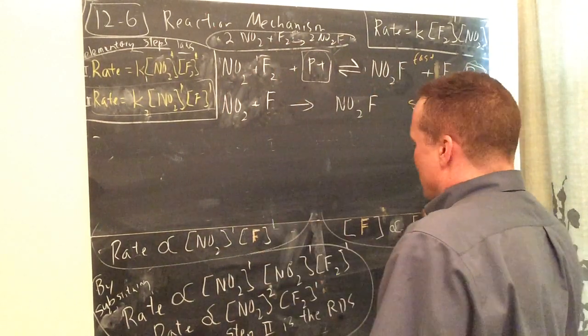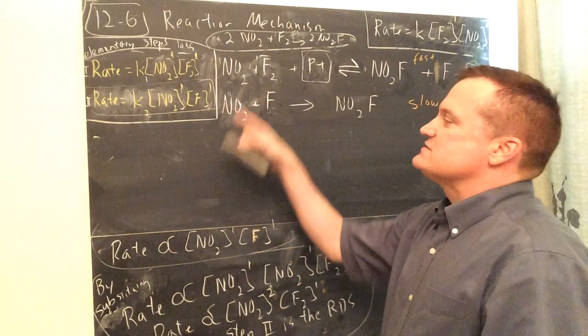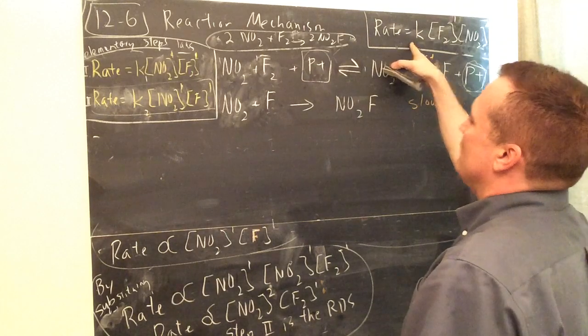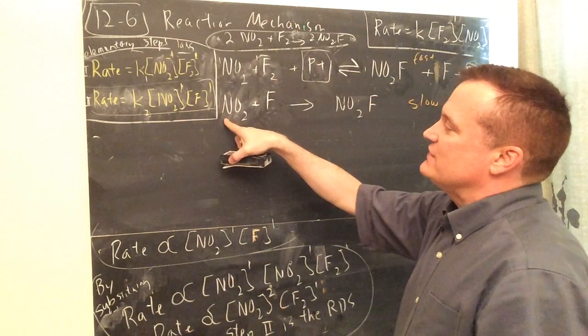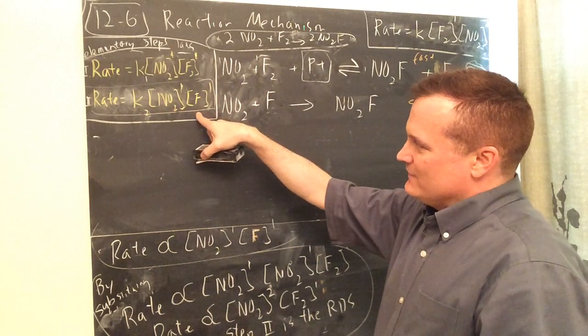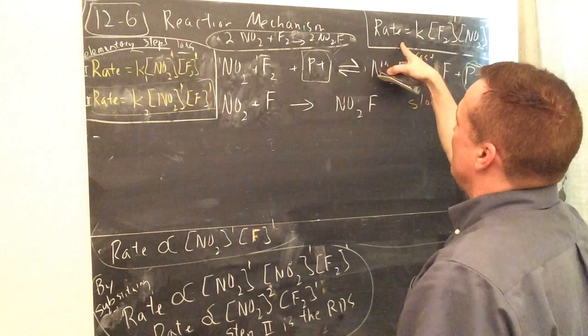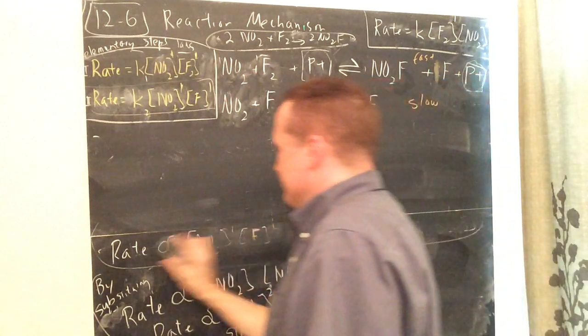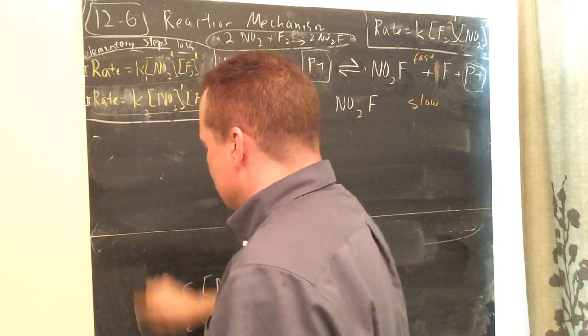The other thing is, for the slow step, which we found to be step 2, you should be able to derive the overall rate law from the rate law of the elementary slow step, by doing substitution, as we talked about, if you need substitution.